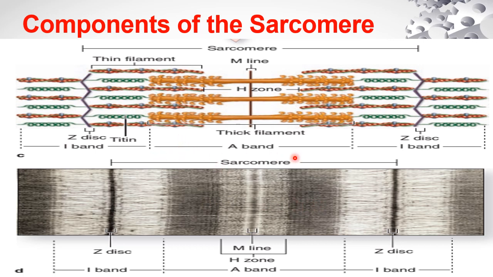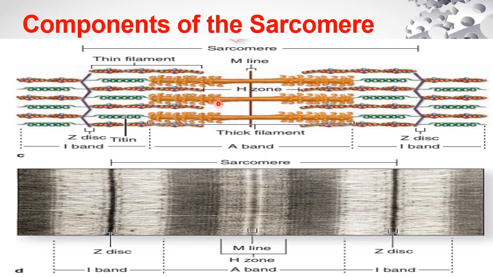Then in this A band, you find a zone known as the H zone. The zone from here to there is the H zone. Why is it called the H zone? Because it is only composed of the thick filaments. As you can see, the thin filaments are not found here in the H zone, only thick filaments.